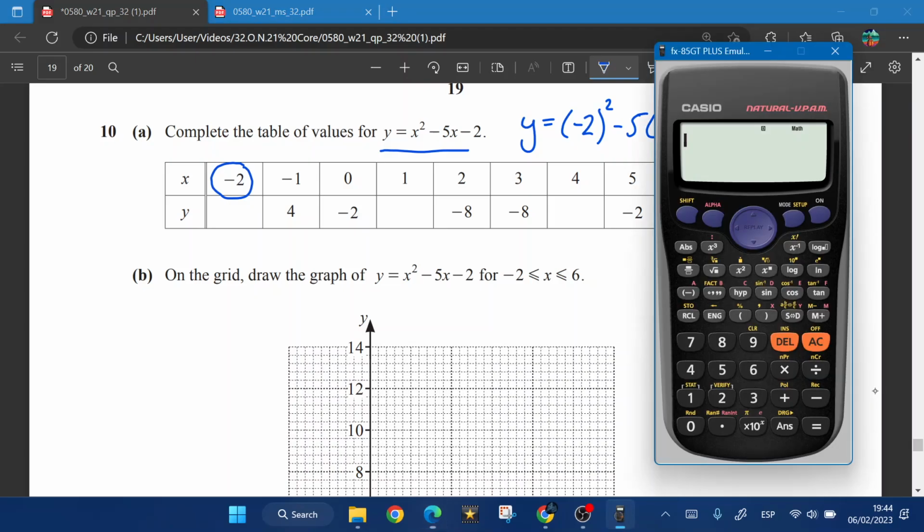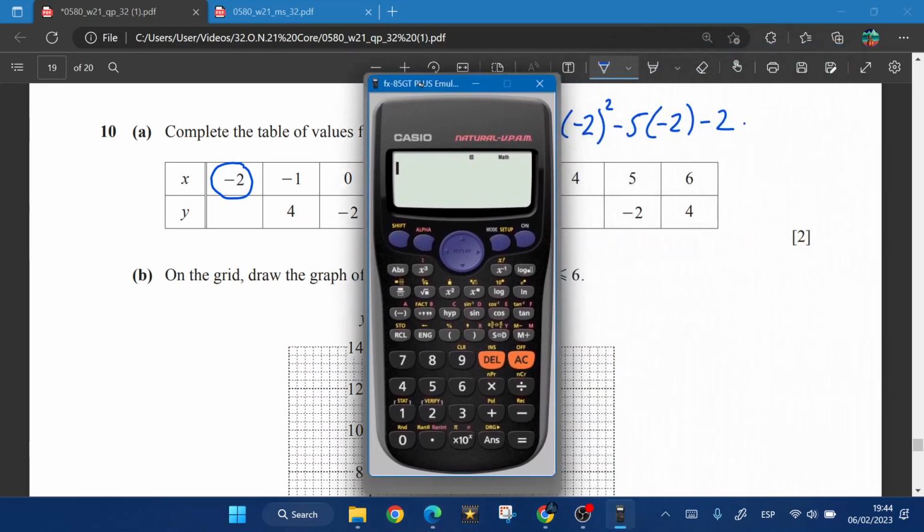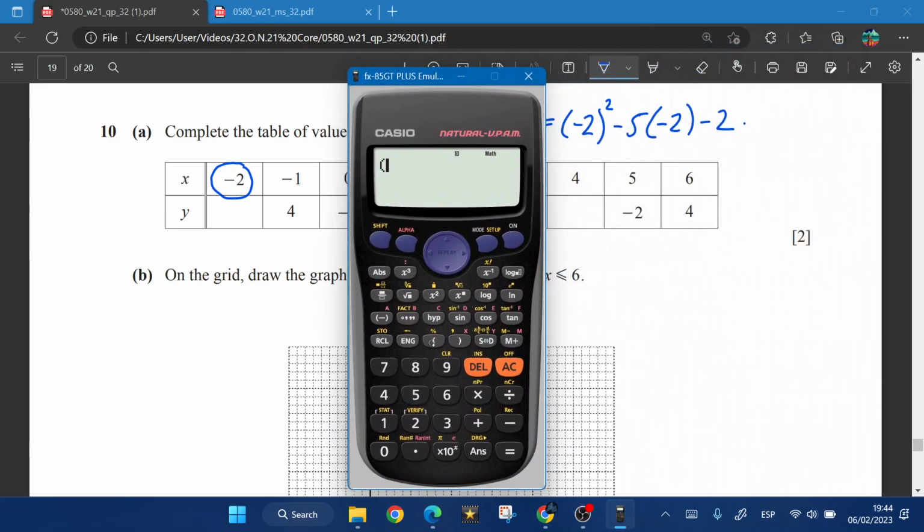Okay, so let's do that. (-2) squared, see? Here the brackets are very important. Minus 5 times -2, minus 2. Bam. 12 is the first one.